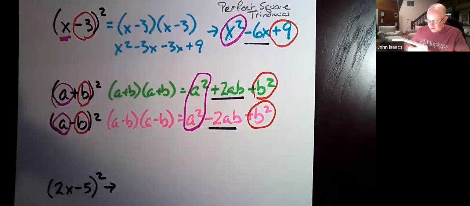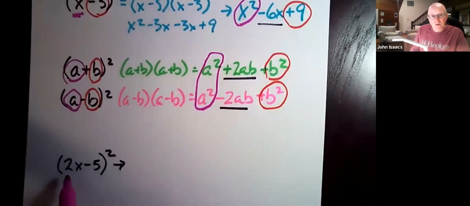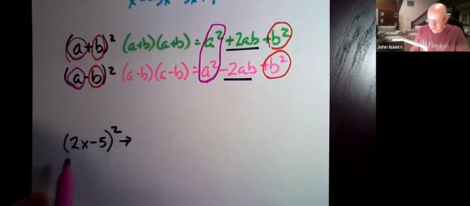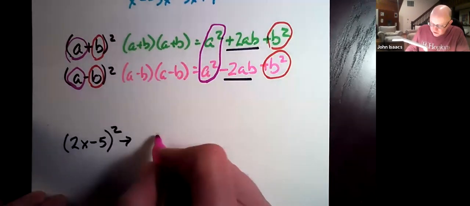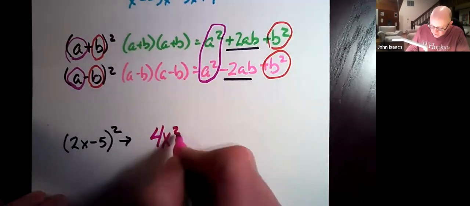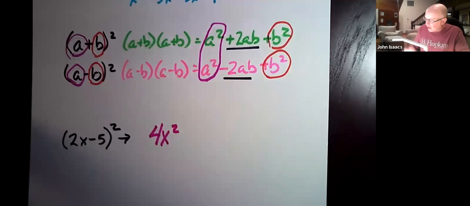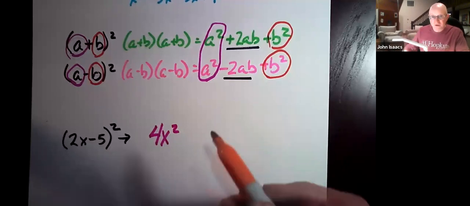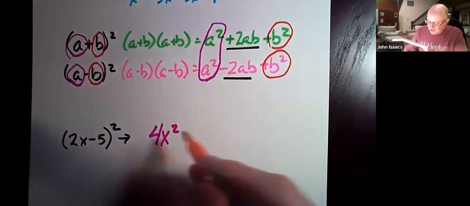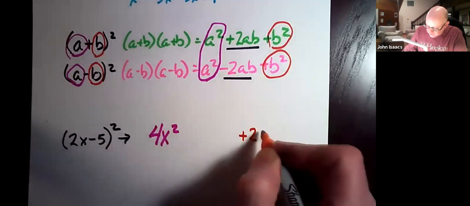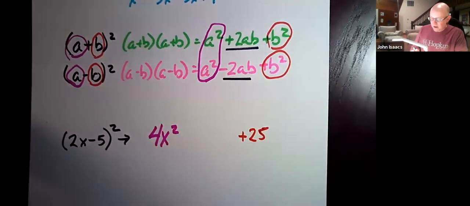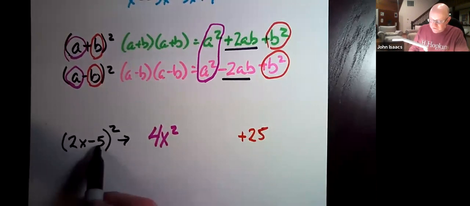So in thinking about it this way, we can square the first term. Here I have another example down here. We're going to square the first term, square 2x. So that's 4x squared. We can square the last term using the same colors here, the orange. We can square the last term and get plus 25. And we can multiply the first term times the second term and then multiply that times 2.